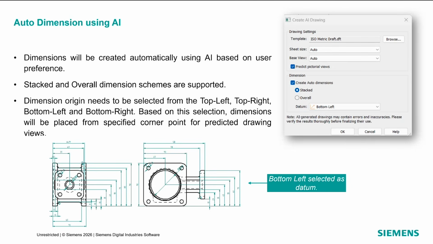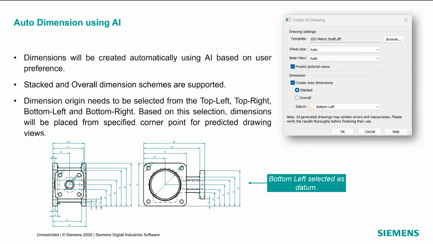Now, once we have everything set up and the views predicted, we can start dimensioning using AI. And again, these all happen in a matter of seconds. AI will dimension the model based on the part that is selected and the user preferences. Of course, there are two types of dimensioning that we can do.